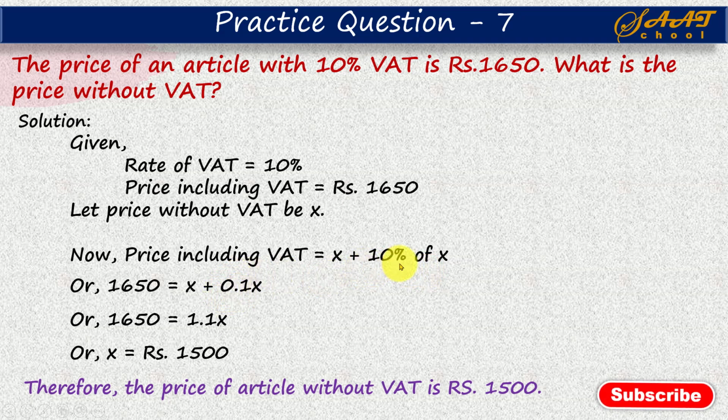If you divide this 10 by 100, that should be 0.1. When you add, that is 1.1, and when you divide, this is 1500. So this 1500 is the price without VAT. Now if you add 10% of this 1500, then that should be equal to 1650.